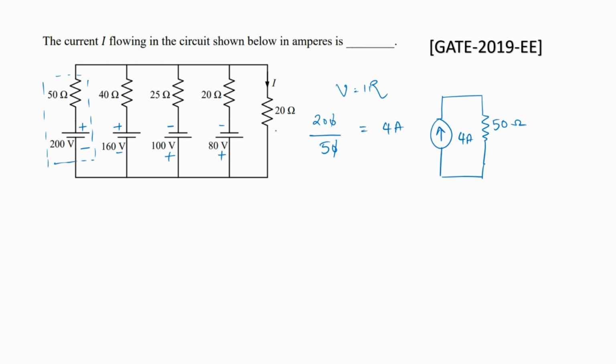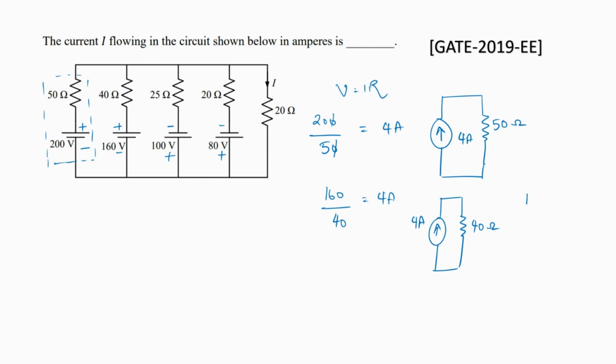Similarly, we can transform the second one, the 160 volts voltage source, into a current source. So we'll get 160 divided by 40, which is again 4 amps. So another 4 amps current source with 40 ohms in parallel with it. Next, we can convert the 100 volt voltage source into a current source.